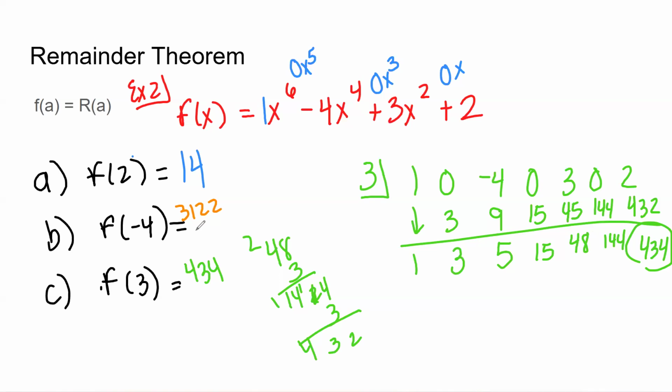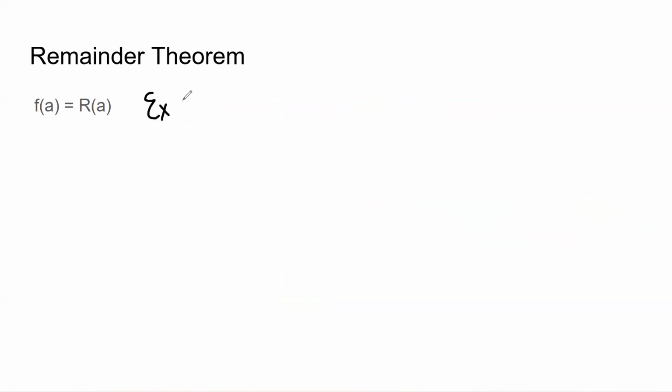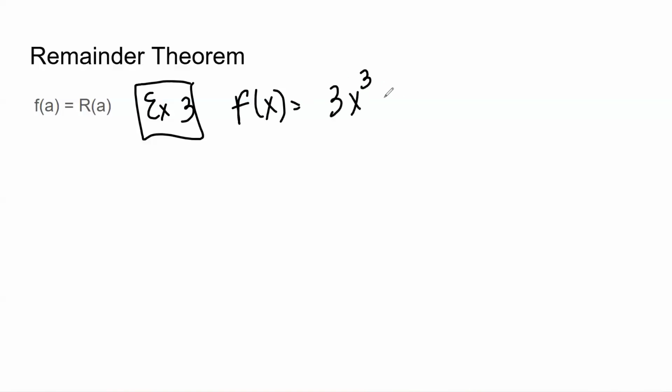Okay, I've got one more for you. Example 3. f of x is 3x cubed plus 5x squared minus 10x plus 1.